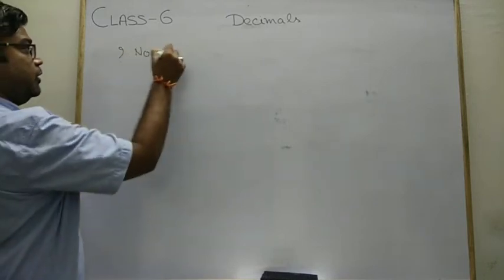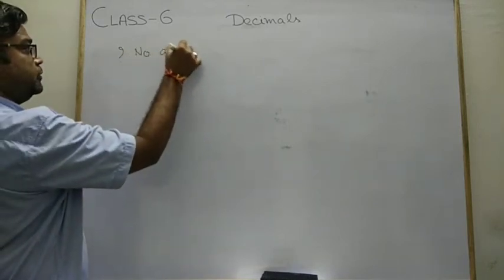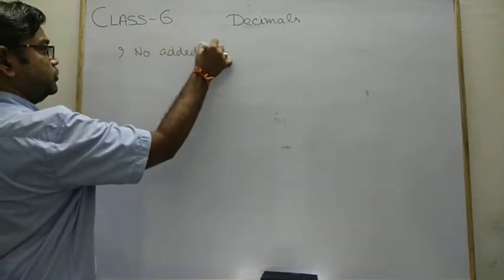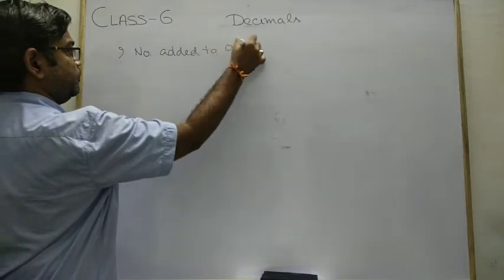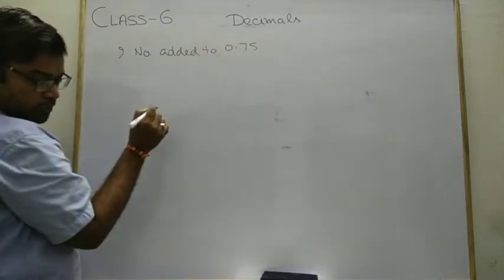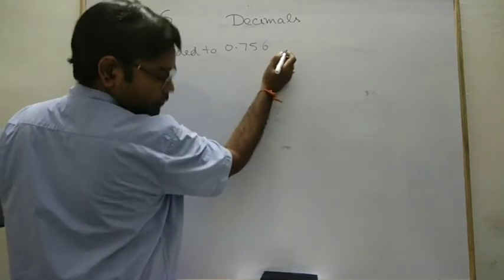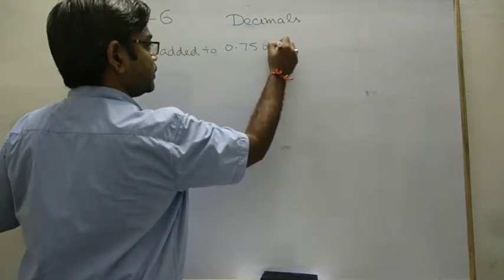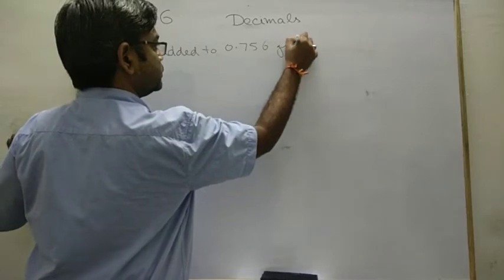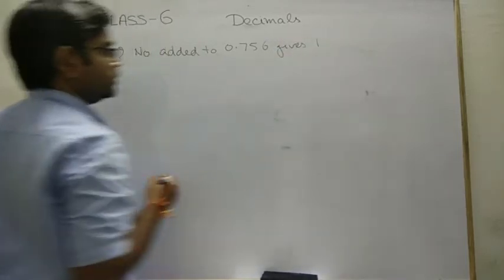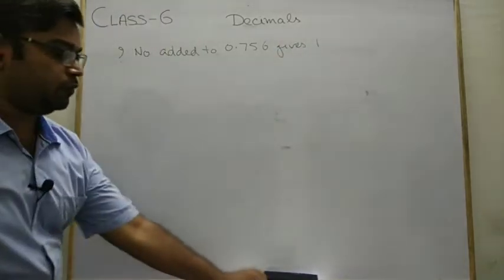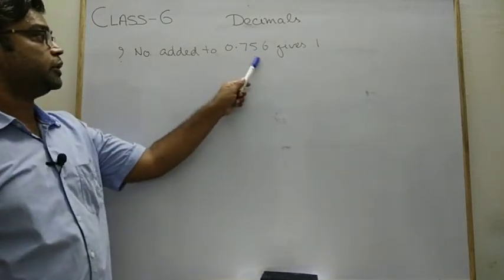The question mark is for the number added to 0.756 gives the result 1. It means we have to find the number which we add to this to receive this.